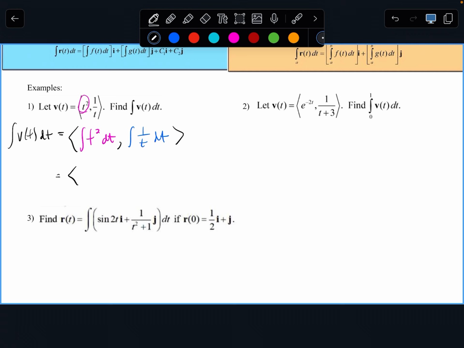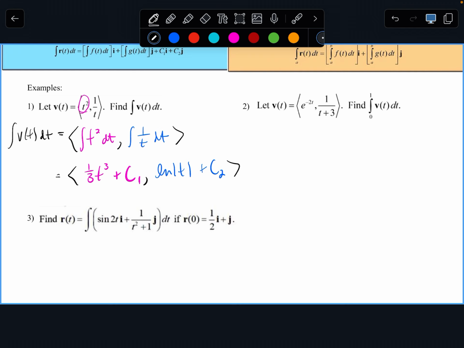So they'll do, what is this, 1/3, oops, let me do color here. This would be 1/3 t cubed, but then it'll be plus c. There's going to be 2 of them, so just put a subscript 1 for the first one. And then you do the same thing with the other one. So it'd be natural log absolute value t plus c sub 2. So that's the new thing, there's 2 c's, so just be organized.